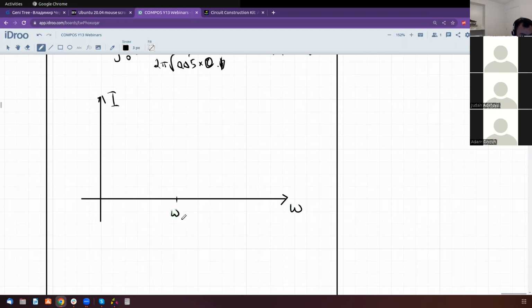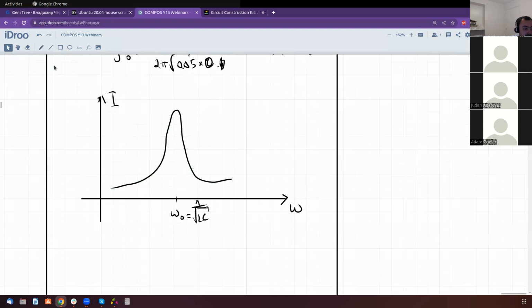This is the natural frequency, which is 1 over square root of LC. And the resonance curve looks like this. So you have a maximum of current at resonance, and then it decreases.